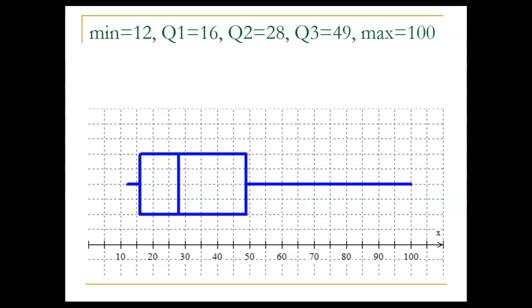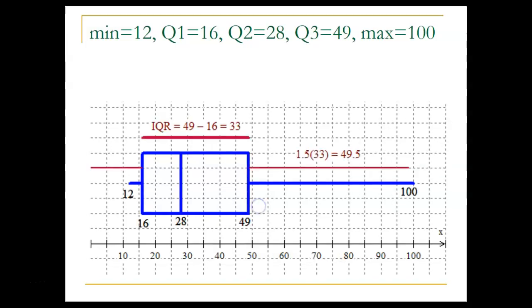Now, what does that tell us? What are we looking for if we look at a box and whisker plot like that? Well, for one thing, relating to when we were talking about in the last section about outliers and the interquartile range, I said that the interquartile range is Q3 minus Q1. So that would be how wide the box is.